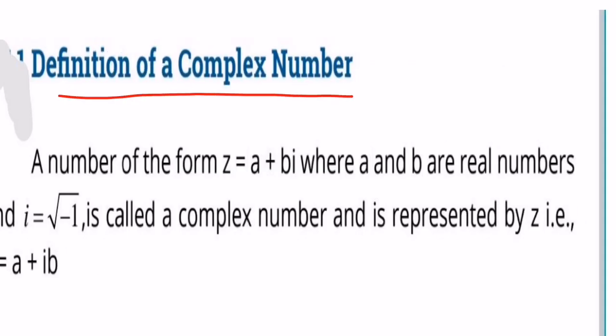Definition of complex numbers. A number of the form z is equal to a plus b iota, where a and b are real numbers, is called a complex number and is represented by z. Therefore, every complex number can be written in this form.